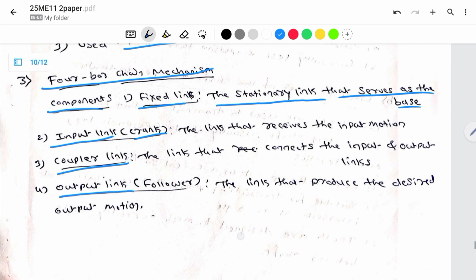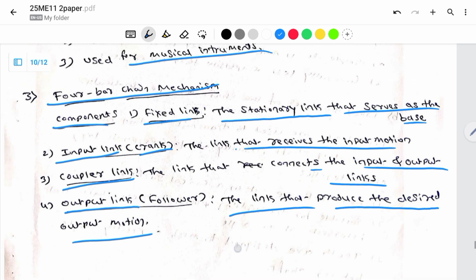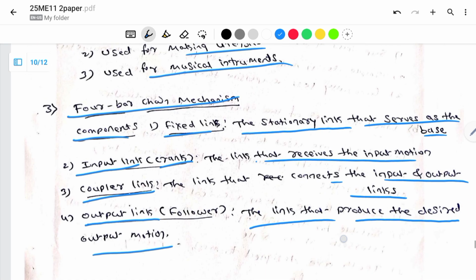Here they haven't explained what the crank actually does. The crank is the link that receives the input motion, the coupler is the link that connects the input and the output link, and the follower produces the desired output motion. This function they have explained.